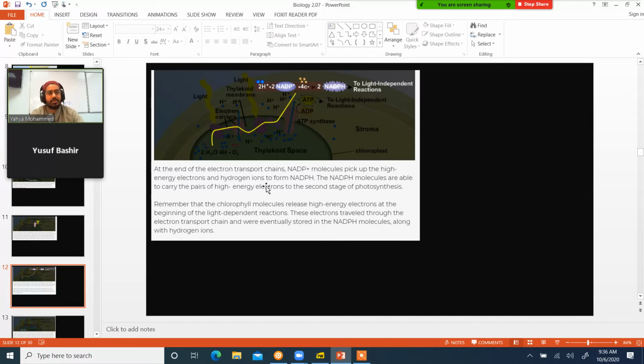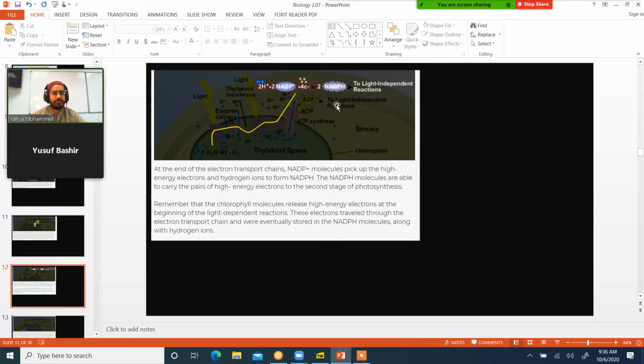All right. So now, at the end, we created a little bit of ATP, remember that? Now, those electrons that are being pumped through, this thing, NADP, takes those electrons and turns into NADPH. So we've produced two things.